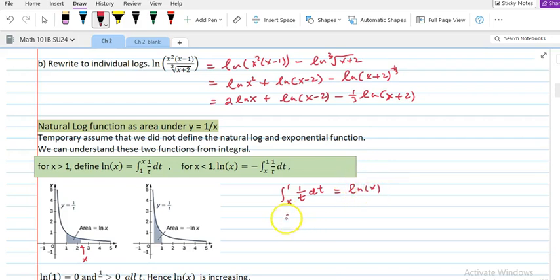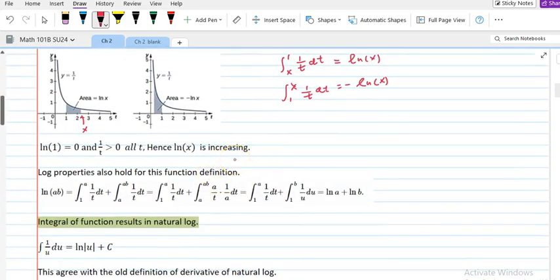So when I switch it back as 1 to x, 1 over t dt, I would have a negative ln x, right? So whenever I say 1 over t, it can be written as 1 to either x on the left side or x on the right side.